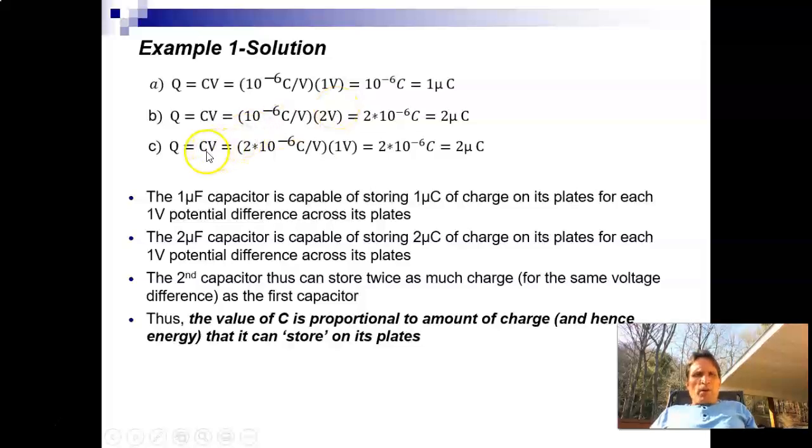It's also proportional to this capacitance, C. So if we double the capacitance, instead of a 1 microfarad capacitor, we put in a 2 microfarad, then for the same voltage, we can store twice as much charge. So capacitance values basically are a measure of how much charge can be stored on the plates. Okay.